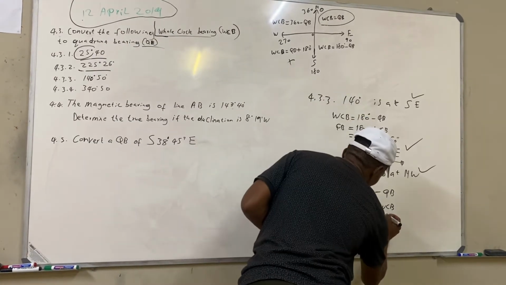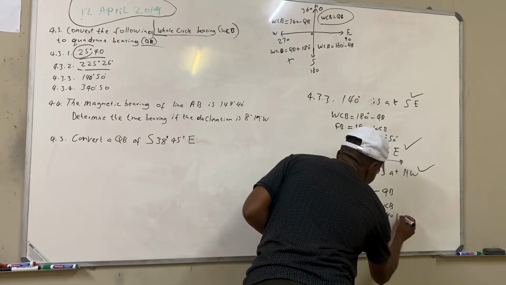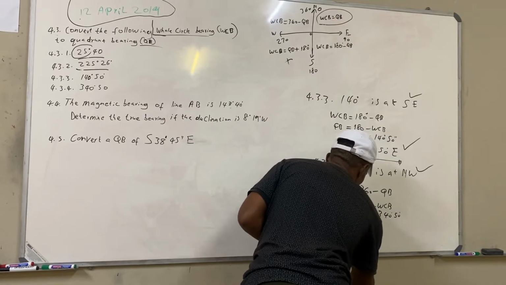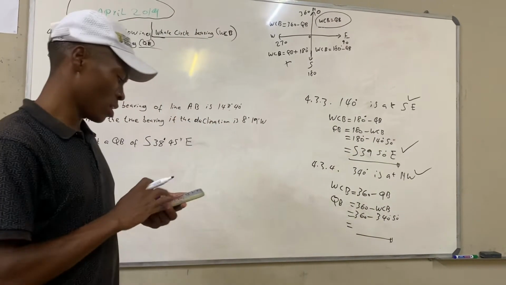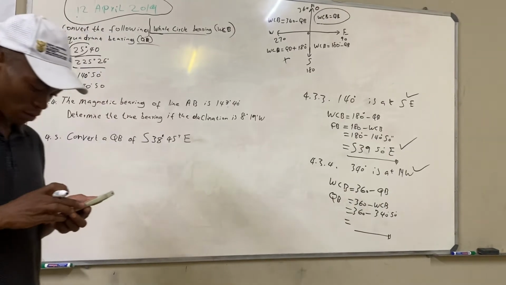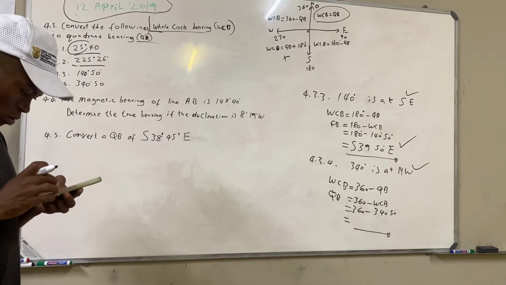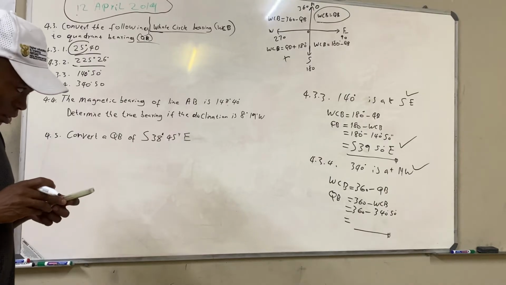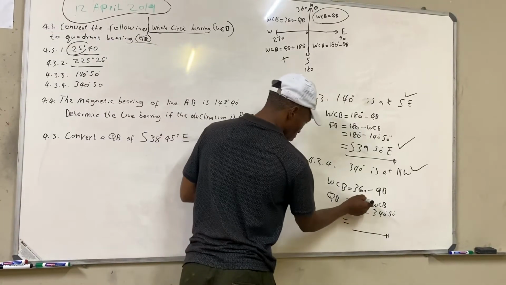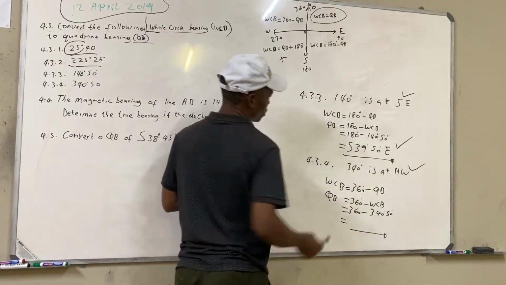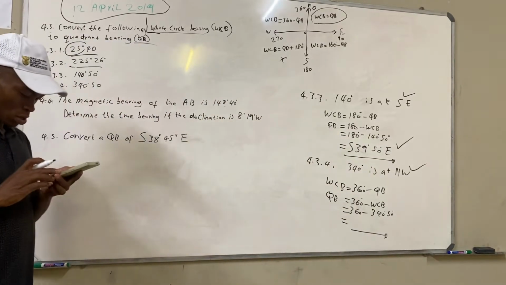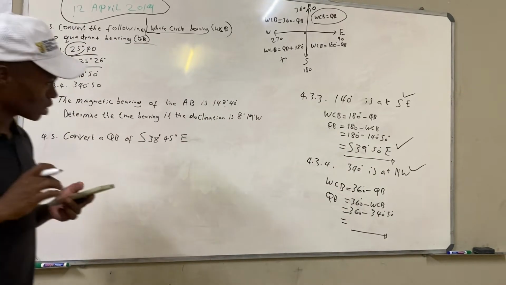340 degrees 50 minutes. Then you punch the calculator, you get the answer. Very simple. Let me punch my calculator first. So it's 360 degrees, and you must show the degrees, because if you don't show the degrees, you're committing suicide.